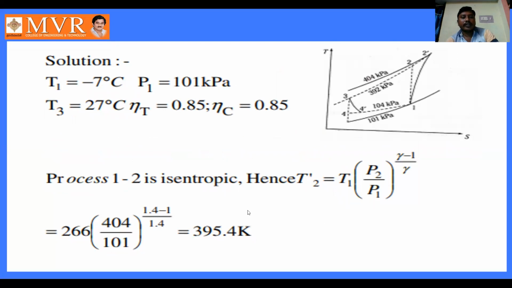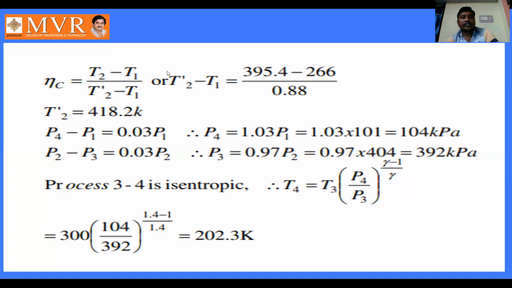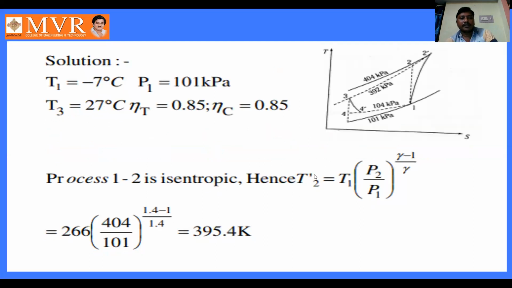See here, T2 dash is 395.4. Hence we are substituting T2 dash equal to 395.4 minus T1 equal to 266, by 0.88.